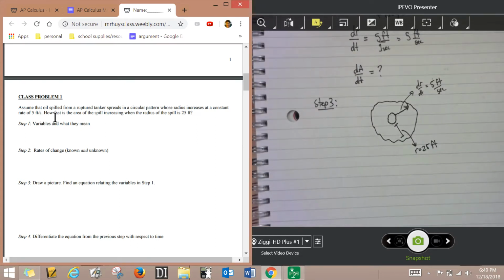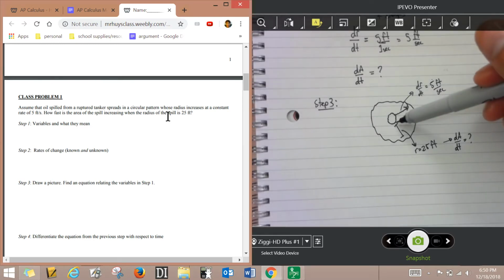And what I want to find is how fast the area is spilling. So right here, I want to find the change of the area. What's the rate at which the area is increasing, changing at every interval? What does the rate look like when it finally reaches a radius of 25 feet?